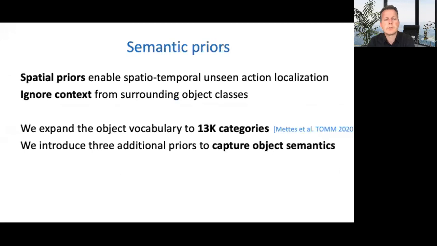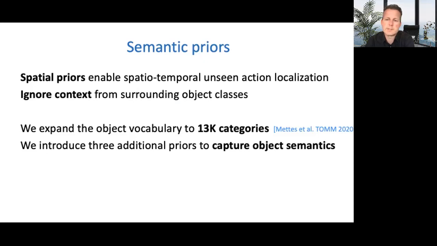Now, we extended this work to also include semantic priors, in addition to the spatial priors. Where the spatial priors enable spatiotemporal unseen action localization, they ignore the context from surrounding object classes. So we expand the object vocabulary of 80 COCO classes and detectors to 13,000 image level classifiers, again trained from ImageNet.